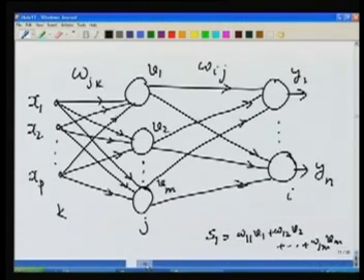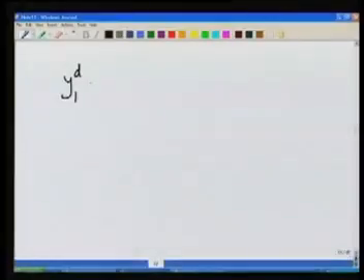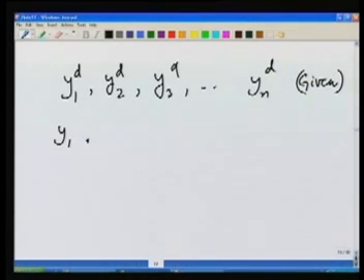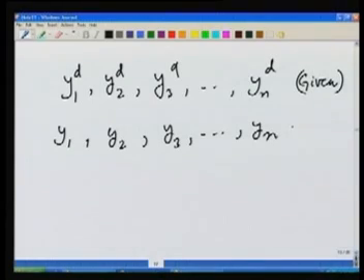Now, we go to computing the error at the output. So, I am given actually what is y 1 d, y 2 d, y 3 d and y n d. This is given. I compute what is y 1, y 2, y 3 and y n. This is computed.